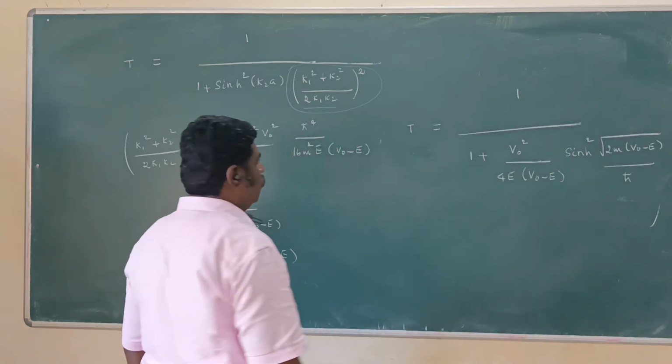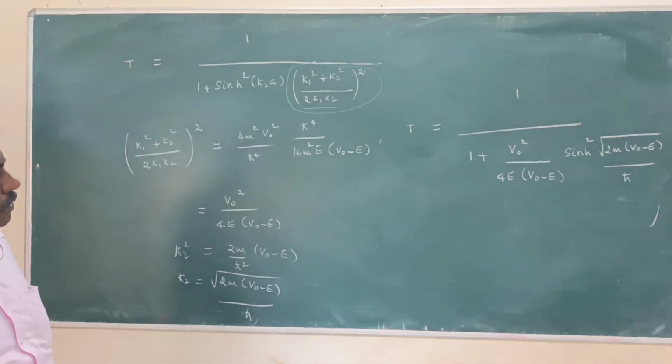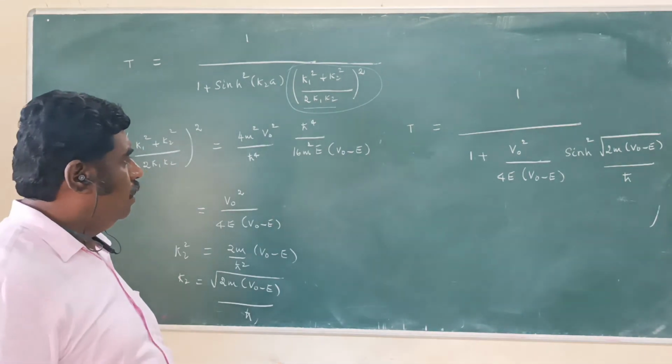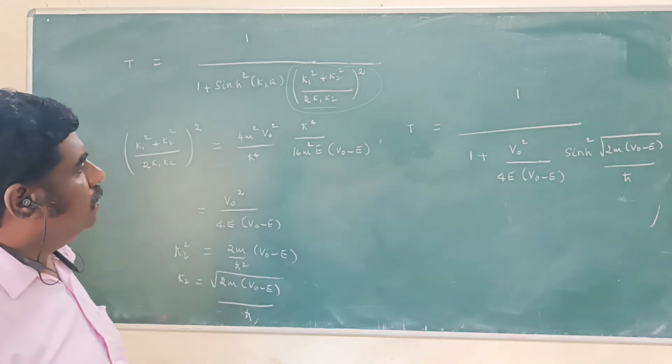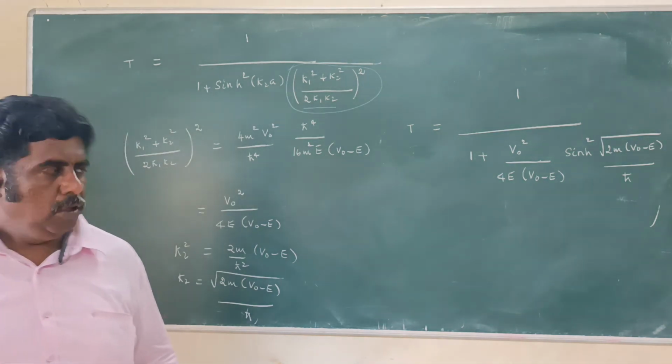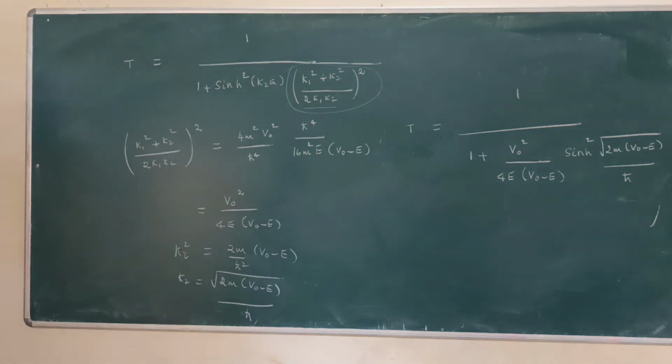This is the value of transition probability. T is equal to 1 divided by 1 plus V0 square divided by 4E(V0 minus E) into sinh square of root of 2m(V0 minus E) by h cross into a.